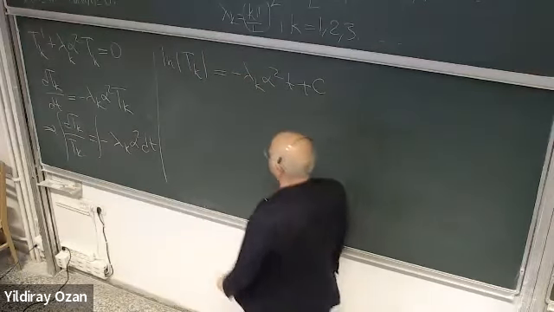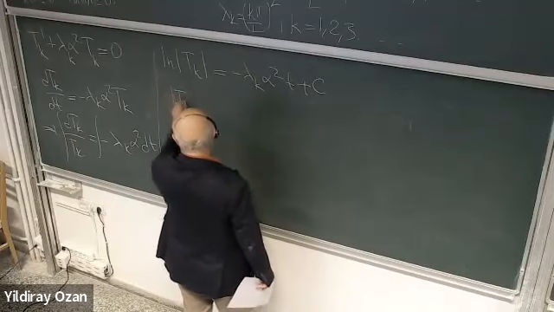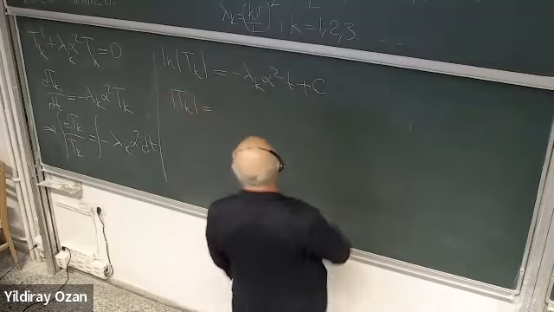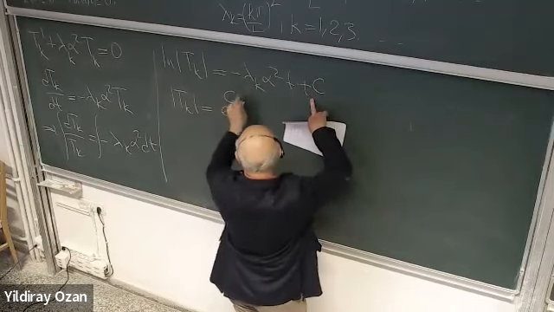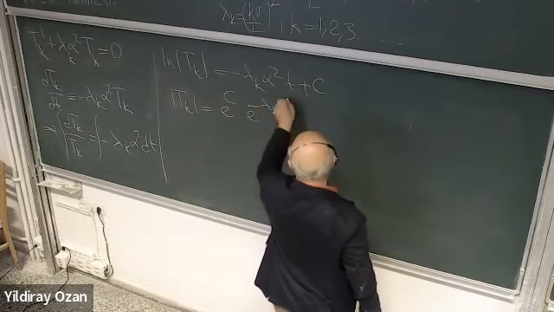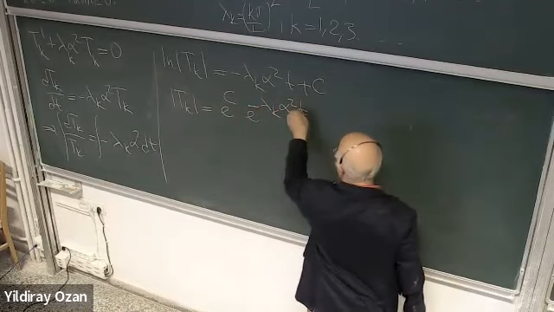Okay, and when you exponentiate this, you get e to the power c times e to the power minus lambda k alpha squared t.